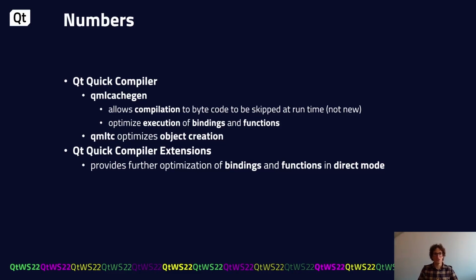What I'm also going to show is what qmltc does when you instantiate a component, on the one hand via QML component, and on the other hand via just creating the object from the generated class. And in addition, I'm also going to show the Quick Compiler extensions and how much additional speed up that gives you in comparison to what QML Cache does.